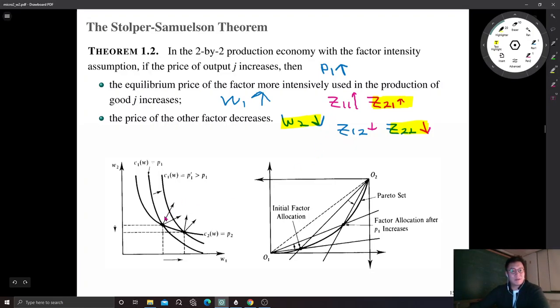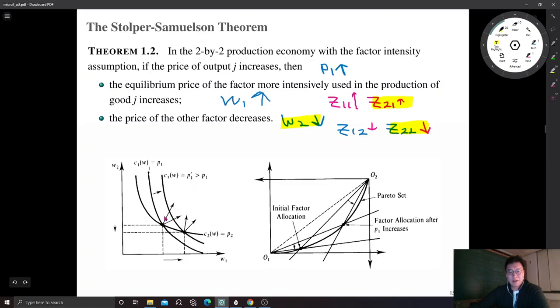And this result is well visible in this diagram because there is no change in P2, so we can work with the same level curve of C2. Firm 2's unit cost function, the level of firm 2's unit cost does not change at all. But P1 changes, so the price of good 1 increases from P1 to P1 prime.